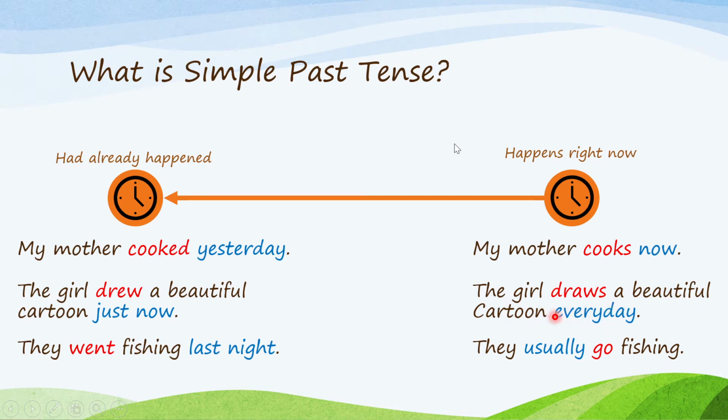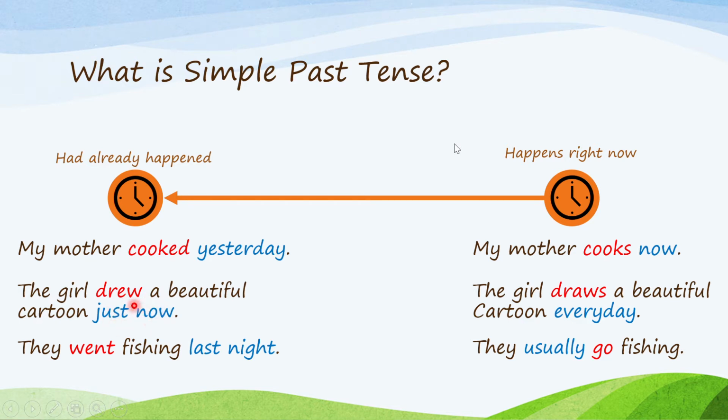Every day. Every day membawa maksud setiap hari. Bila setiap hari, kita akan guna present tense. Okay, let's look example for past tense. Just now. Ayat ini menggunakan timeline ataupun masa just now.